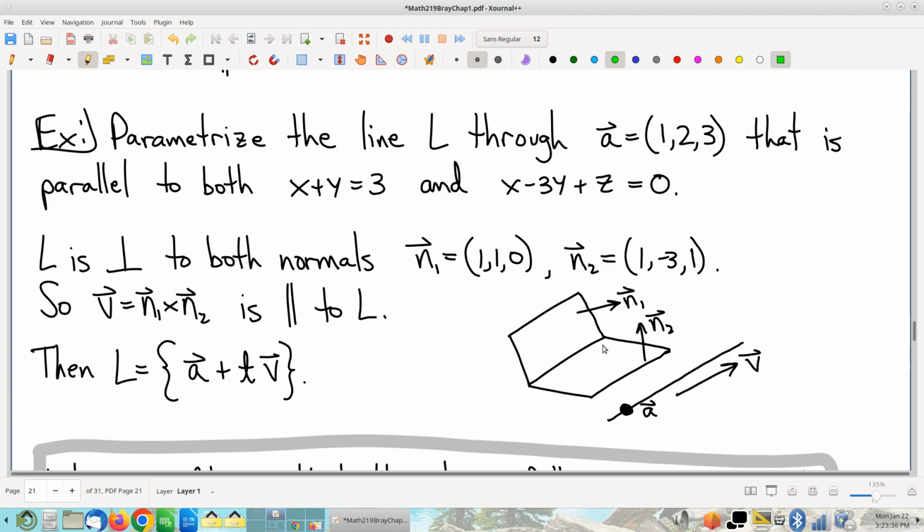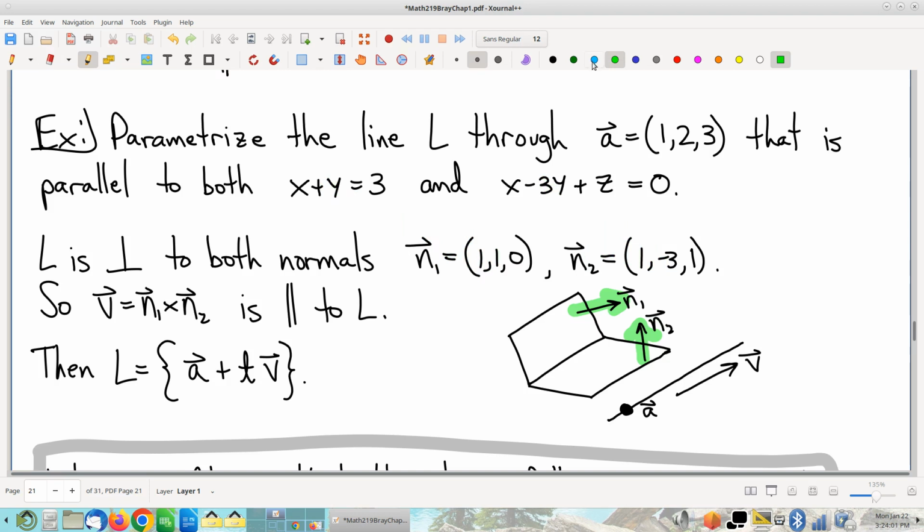As the question is stated, we're given 2 equations and we're looking for a parameterization. Let's not think of it in those terms. Let's think instead geometrically. Notice these equations tell me normal vectors right off the bat. So I'm given these normal vectors. And what do I want?